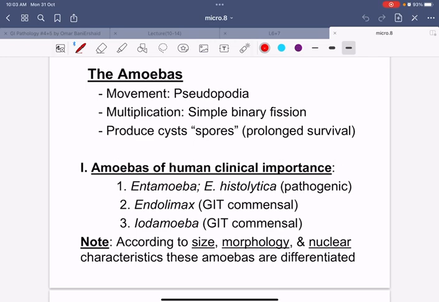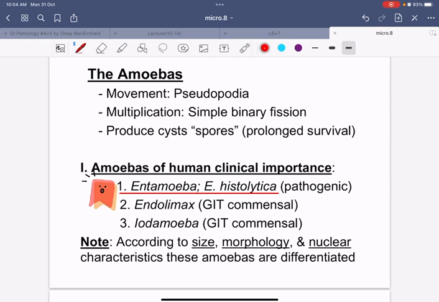The amoebas of human clinical importance, there are animal ones also, but of human clinical importance, Entamoeba. Example, Entamoeba histolytica, which is the pathogenic one which causes amoebiasis. So our concern in this lecture is Entamoeba histolytica. But just so we know its place among all the amoebas of clinical importance.